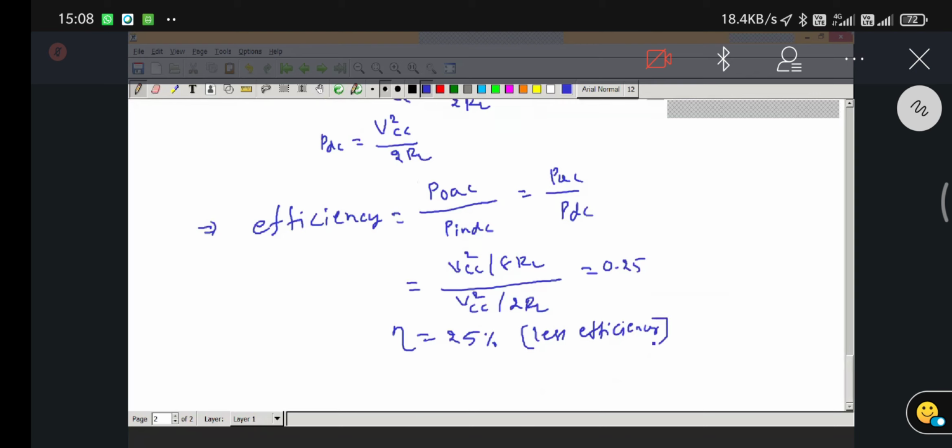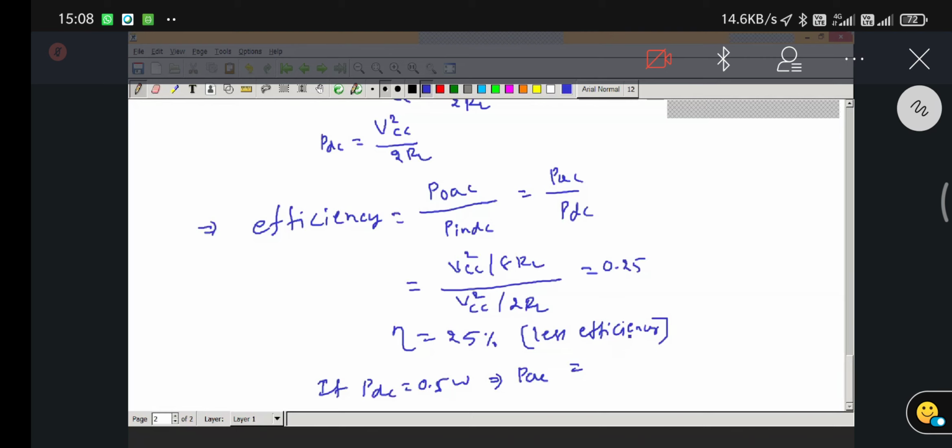If you are giving the DC input as 1 volt, for example, if you are giving input DC as 0.5 volts, then what about output here we're going to get? We're going to get AC output as 0.25 into 0.5.